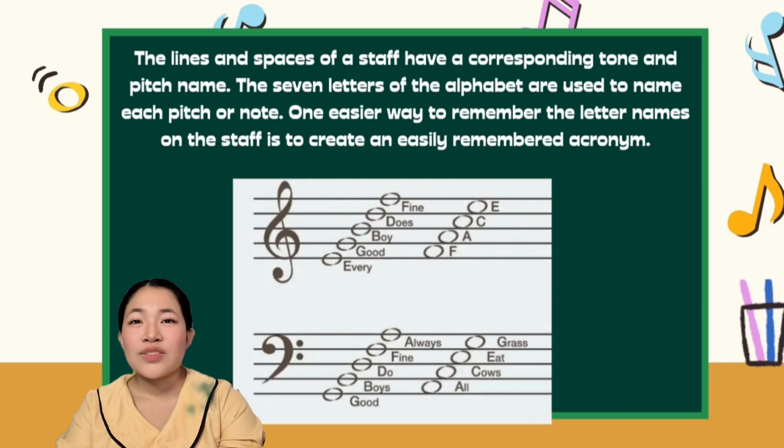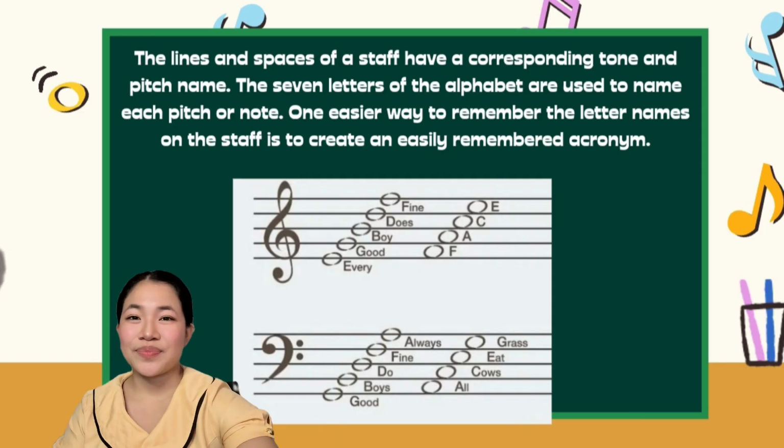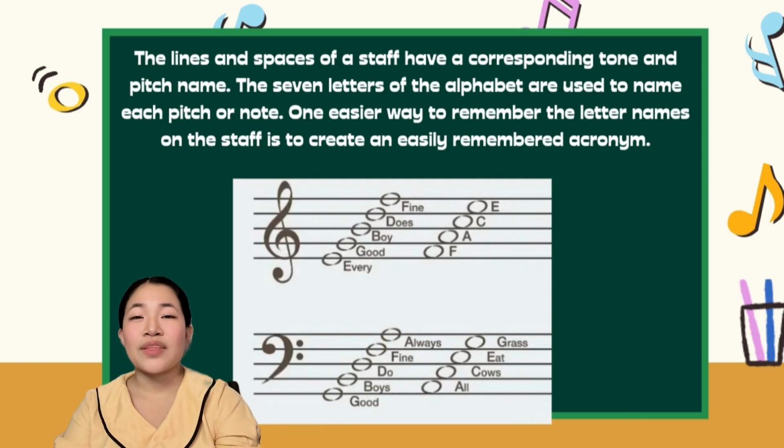Okay. So for the spaces of the bass clef, the first space is A for all. Next is C for cows. The third is E for eat. And the fourth is G for grass. Okay.